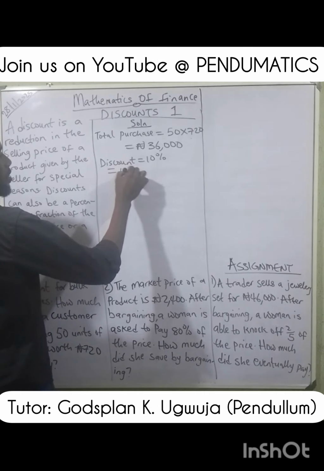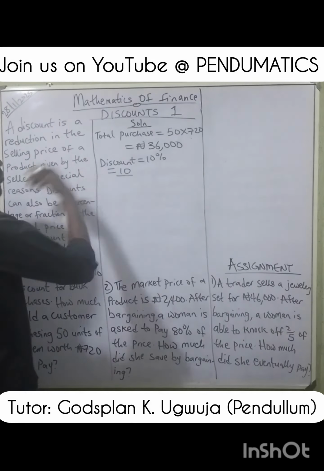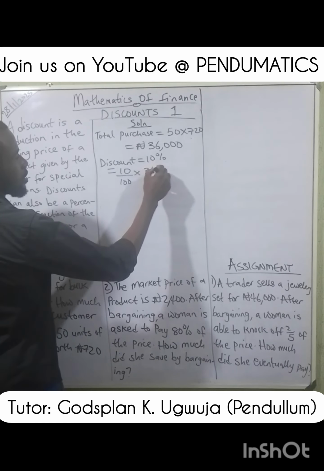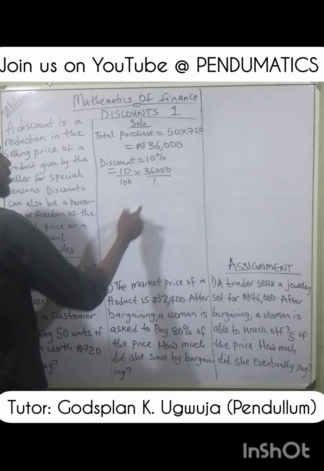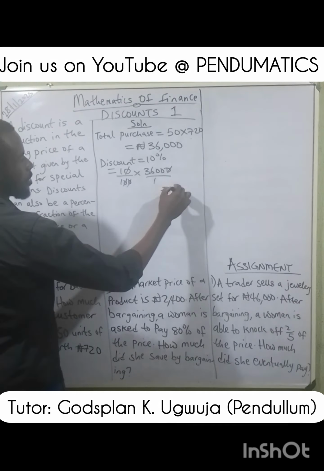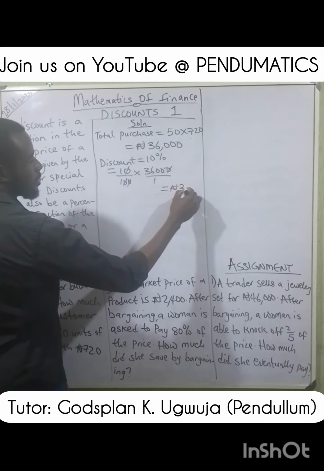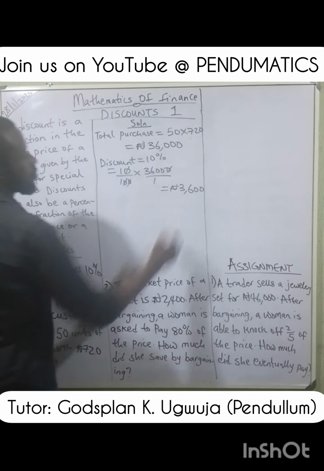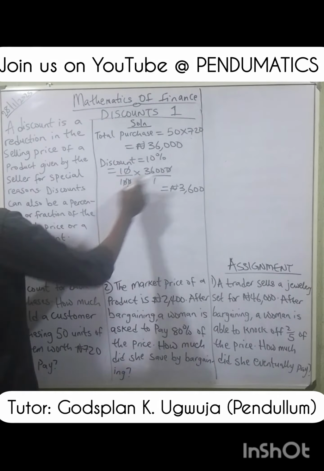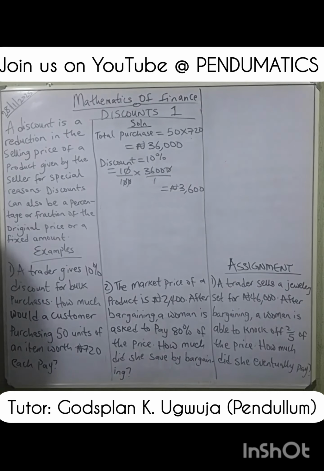So that means the amount that is going to be removed will be 10%, that's 10 over 100 of 36,000 over 1. This 0 can cancel this 0, meaning the discount is 3,600. So 3,600 is the discount, that's what is removed for him for buying in bulk.